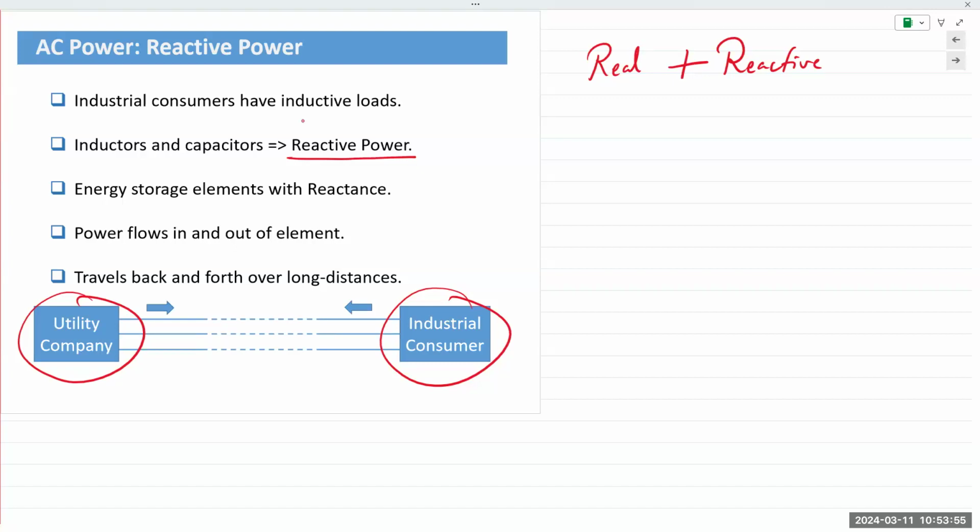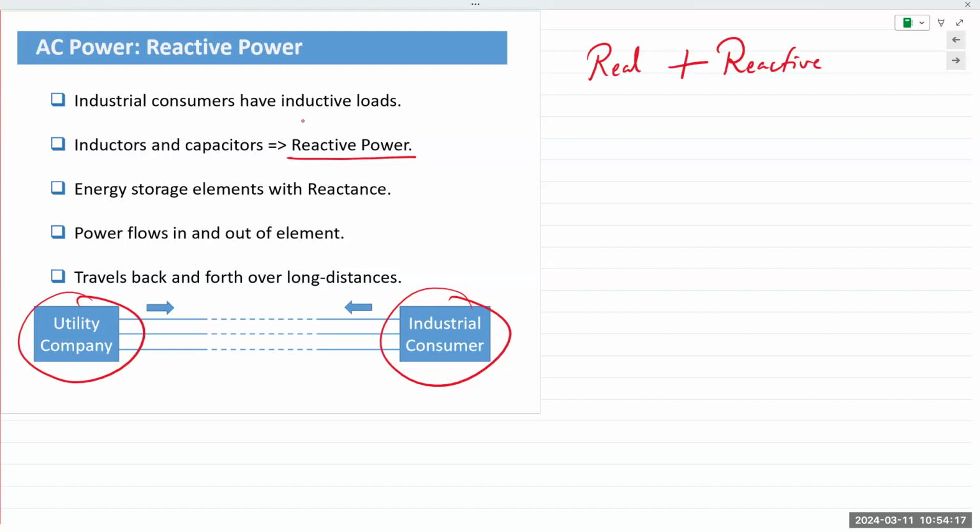And so when the power flows out of the inductor, it goes into the capacitor. And in the next half cycle, when the inductor requires power, it does not come all the way from the utility company. It instead comes from that local capacitor. And the power now bounces out of the capacitor, goes into the inductor, and then goes back and forth.